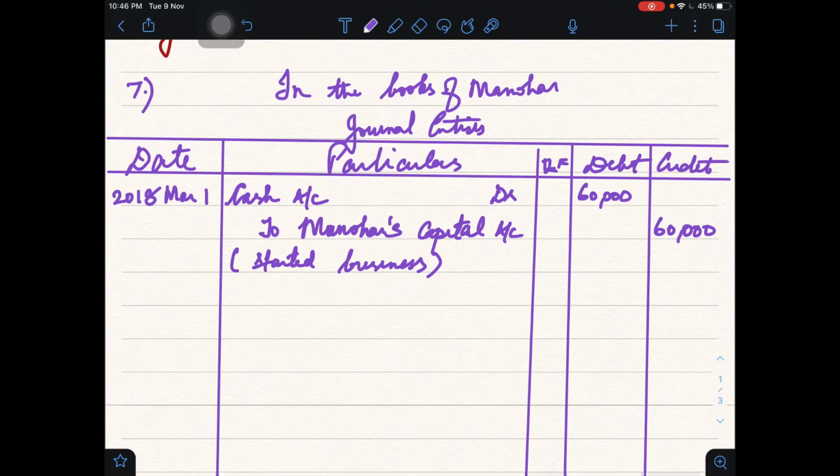Then we identified their nature, cash being real and Manohar's capital being personal. For real we say debit what comes in, so we are debiting cash. In case of personal, Manohar's capital, we say credit the giver. This is how we are doing it. Next transaction, on second, says furniture is purchased. How do you purchase furniture? With the help of cash.